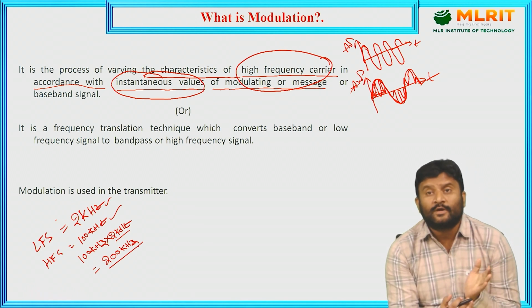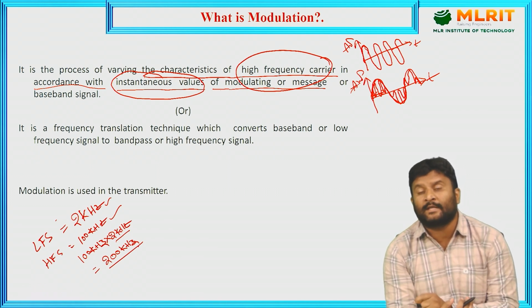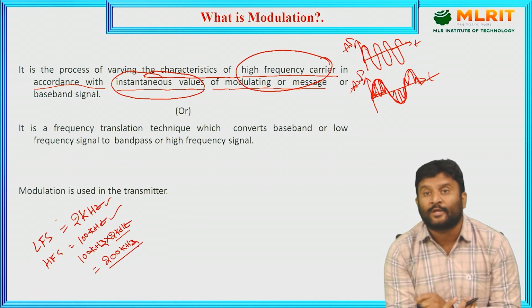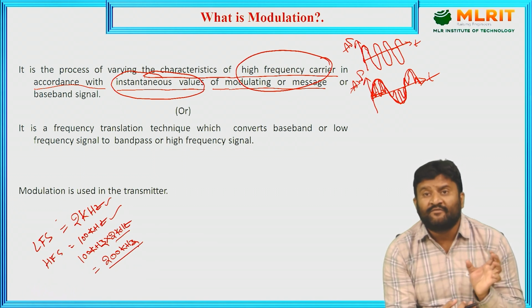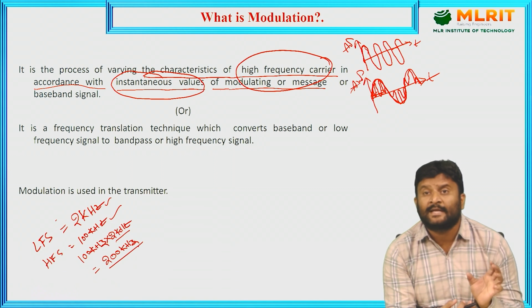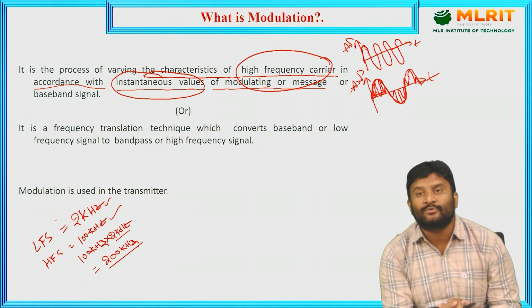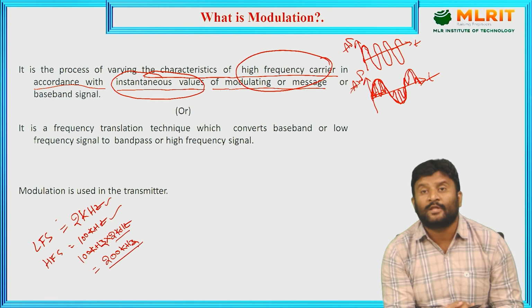Therefore, the 2 kHz low frequency signal is converted to a 200 kHz signal, nothing but a high frequency signal. This process is called modulation. Very important. Again, simply the definition: the high frequency carrier signal is varied according to the instantaneous values of the message signal, that is called modulation.